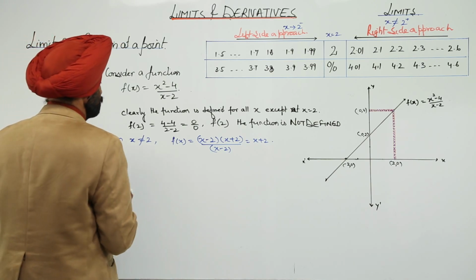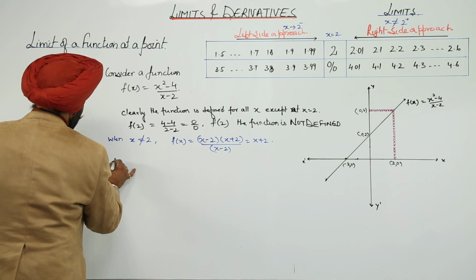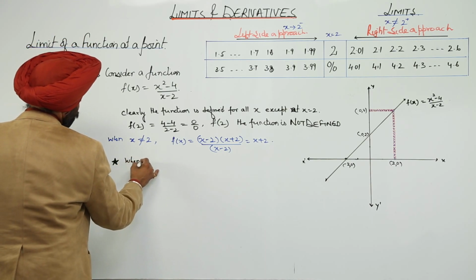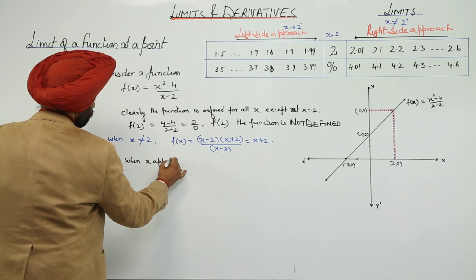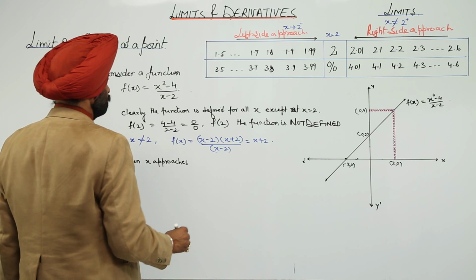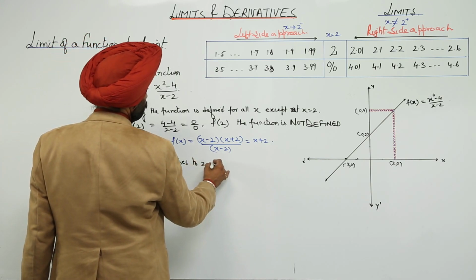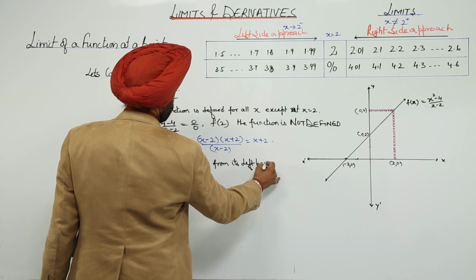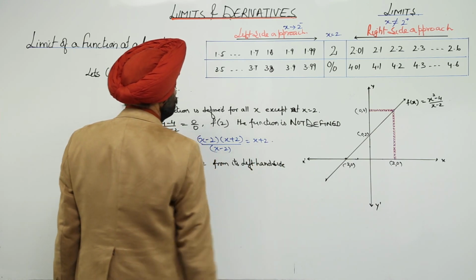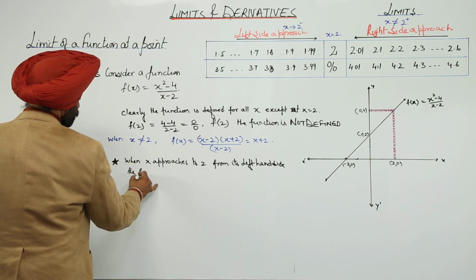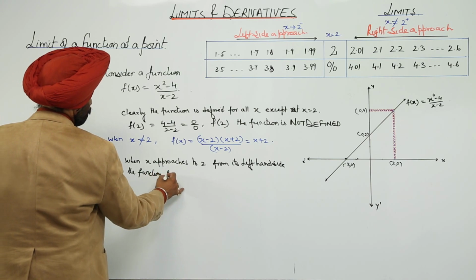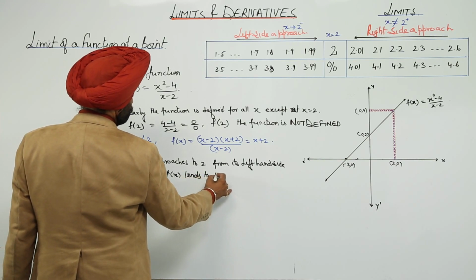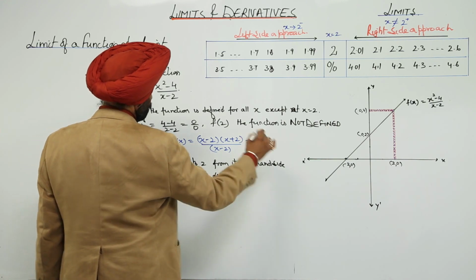Now, just look at what I am writing. When x approaches 2 from its left hand side, the function f(x) tends to limit 4.